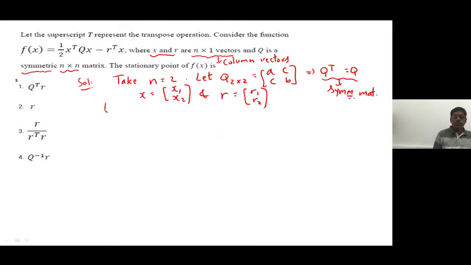Now, what is f of x? Then f of x is equal to half times x transpose.